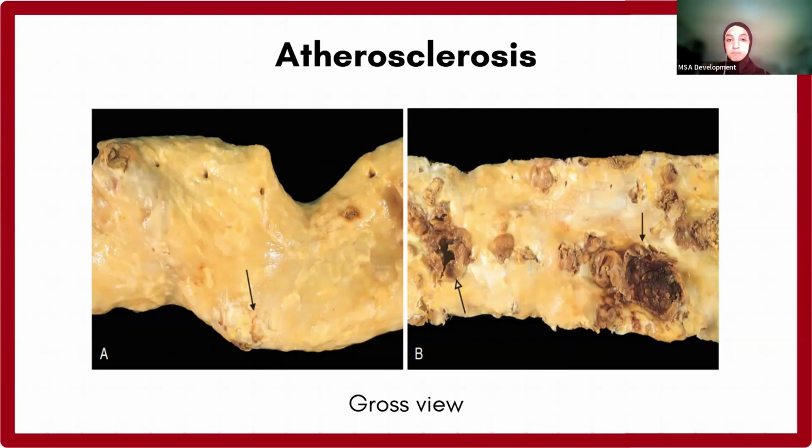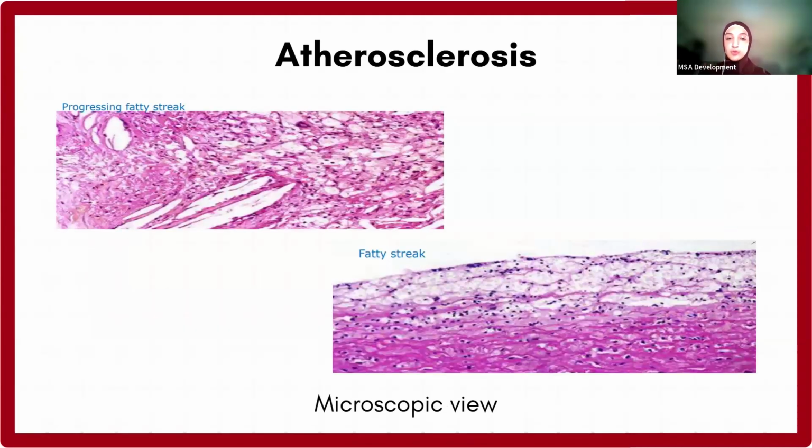This is just another view of fatty streaks. As we know, fat under a microscope appears white, and this is why it's so easy to identify, because a fatty streak is white because it has depositions of fat.